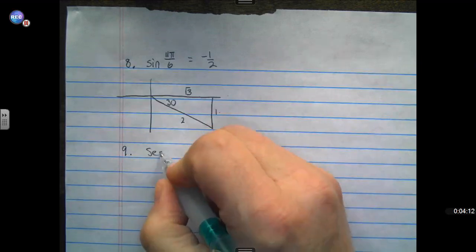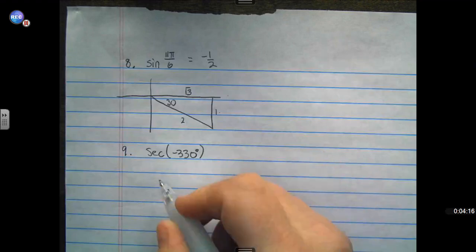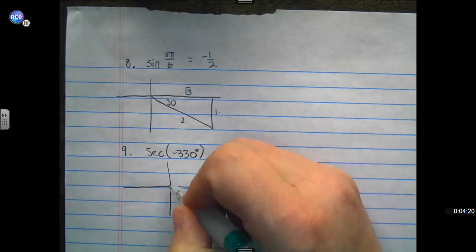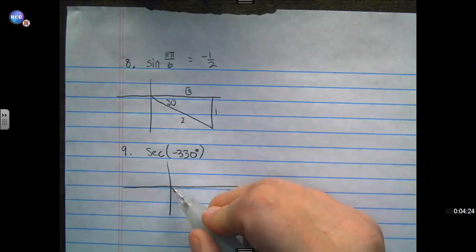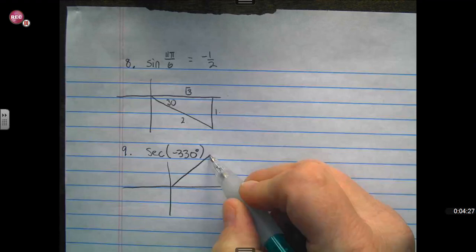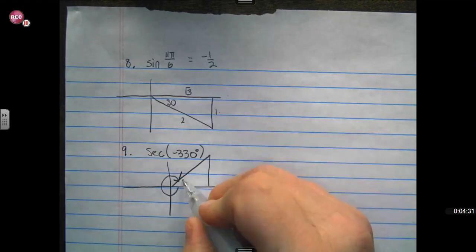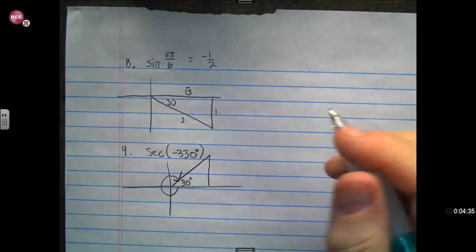Number 9, we're supposed to find the secant of -330 degrees. So -330 degrees is up here in the first quadrant, right? This would be -330, which means what's left here for the reference angle is 30 degrees.